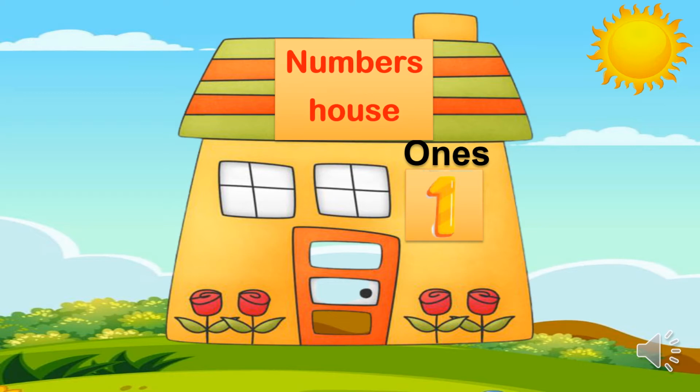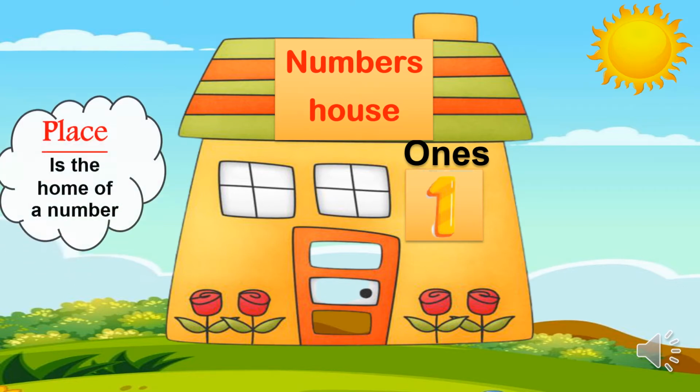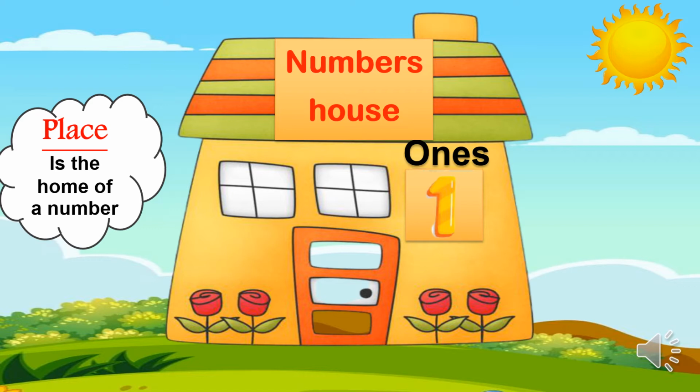So, number 1 will enter or live in the one's room, because number 1 has only 1 digit. So, the place of number 1 means the home or the room of the number which it entered.